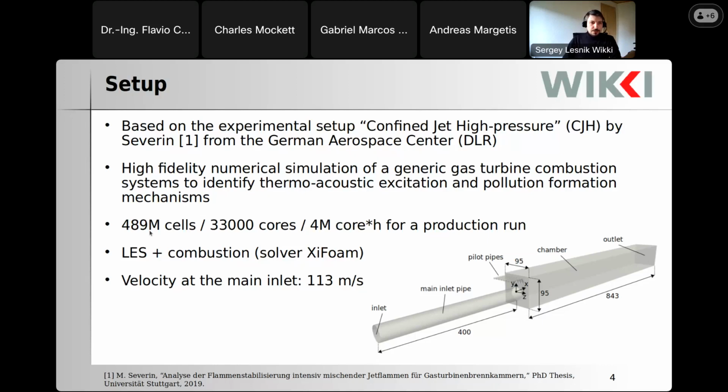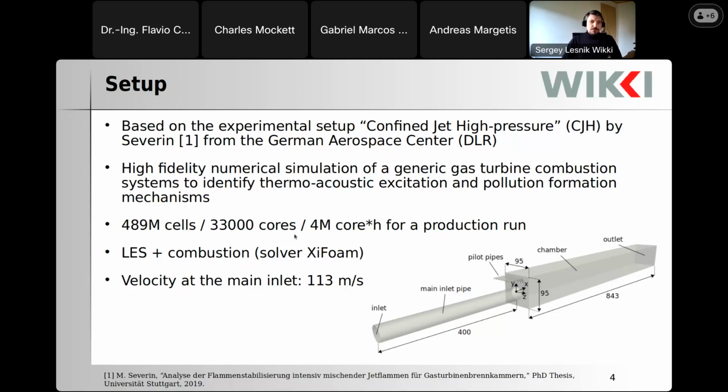So the largest case is about 500 million cells. It was run on 33,000 cores, and we estimate for a production run you would need somewhat about 4 million core hours.